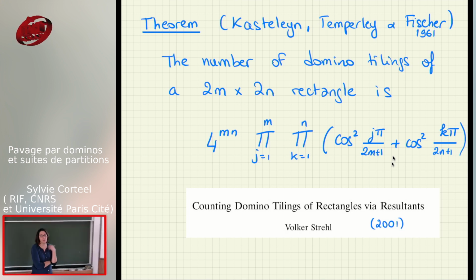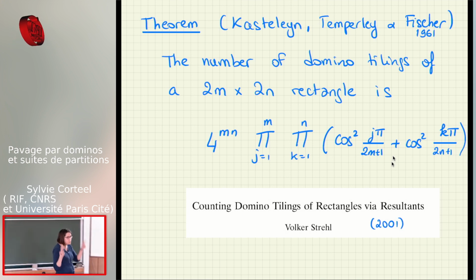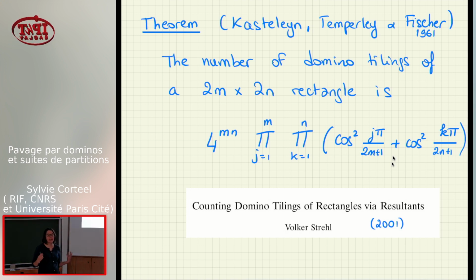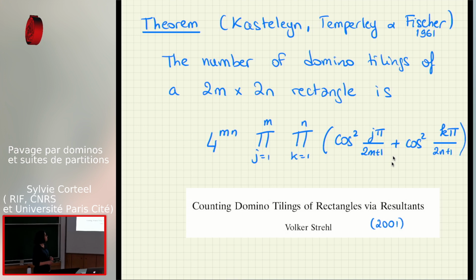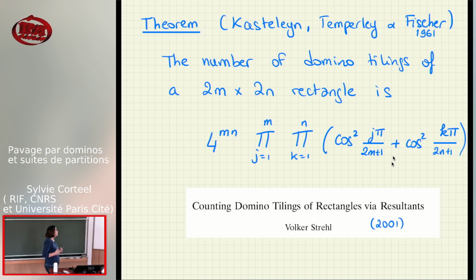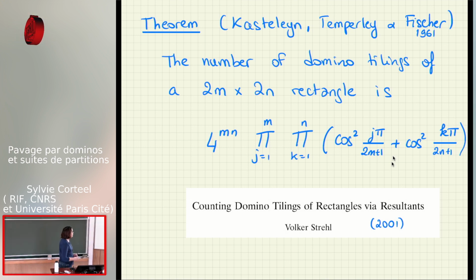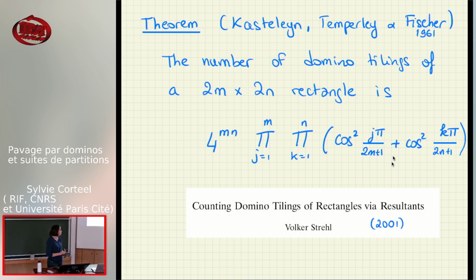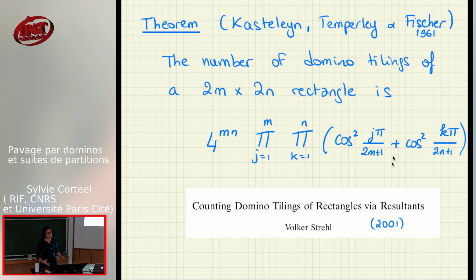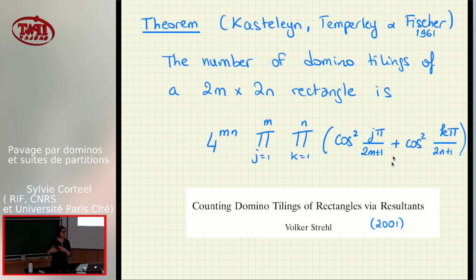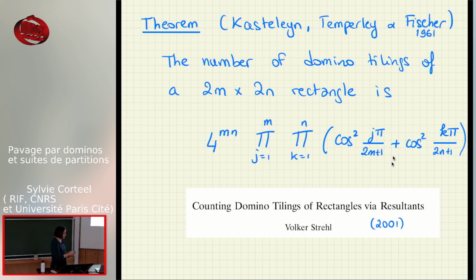In combinatorics, that's what we would call a beautiful formula, a nice formula, because it's a nice product. Even though this was not proven using combinatorial techniques in the 60s, 40 years later Volker Strehl gave a more combinatorial proof, and he calls the paper Counting Domino Tilings of Rectangles via Resultants. You start by a tiling, and first you biject it to some other combinatorial object, and through a bunch of bijections, at the end you can understand why you have this nice product formula.